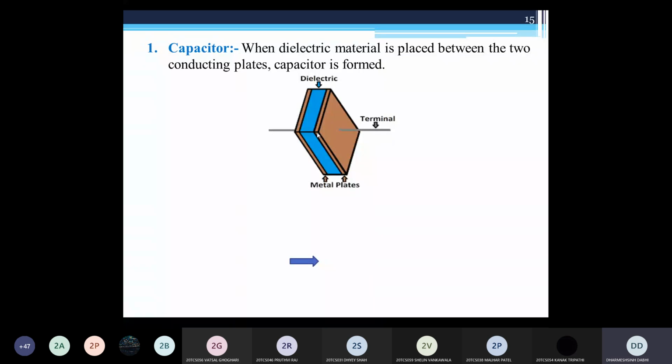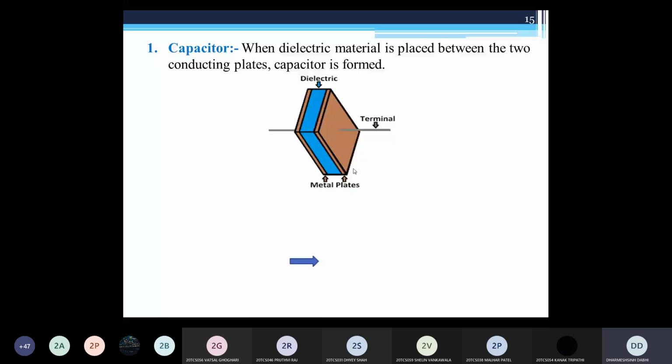So what is the function of a capacitor? Yes, anyone? Store the charge. Store the electric charge. Okay. So how do we measure how much charge this capacitor stores? By using which parameter can we calculate the capacity of the capacitor?